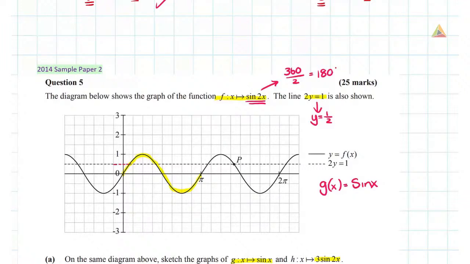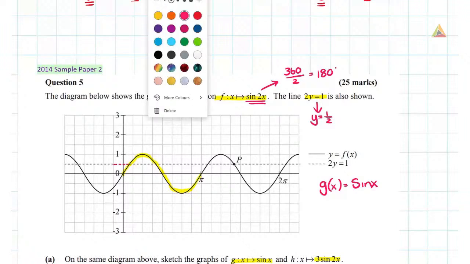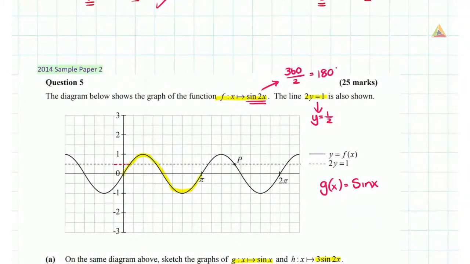So we're going to draw the exact same shape, exact same amplitude for g of x, but this time the period is going to be 360 degrees as normal. So let's just change the color so we can see it a little bit clearer. And we're basically trying to get the graph to start repeating itself over here at 2 pi, but we're not affecting the amplitude at all.